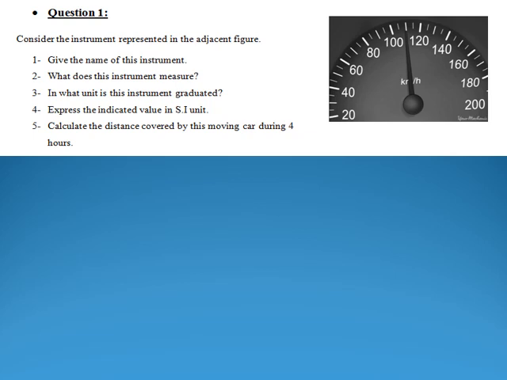Moving to part 3. In which unit? We say kilometer per hour. Number 4, express the indicated value in the SI unit. So the SI unit is the meter per second. We have 110 kilometer per hour. So 1 meter per second gives 3.6 kilometer per hour.